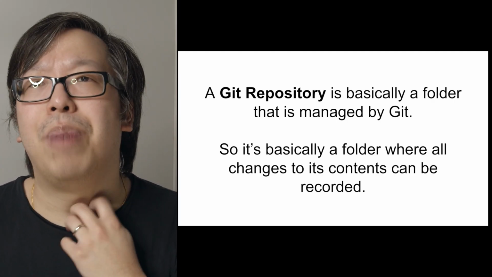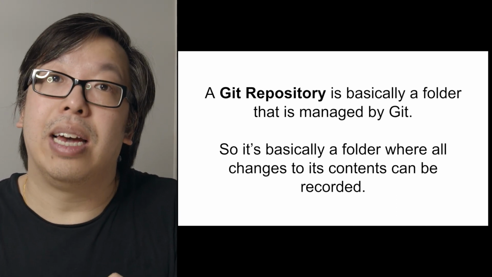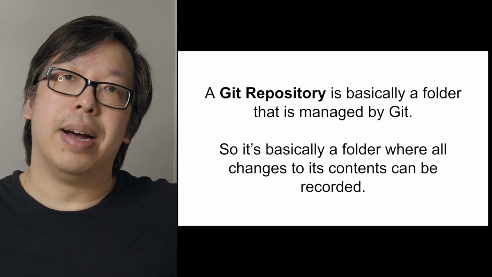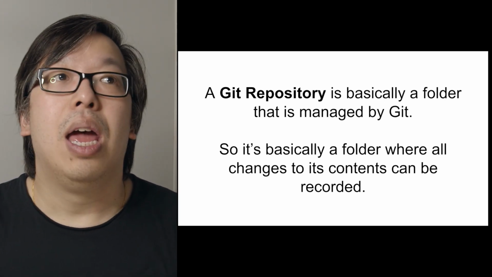What is a Git repository? Okay, you'll hear this word Git repository a lot. It's really a fancy word for basically a folder that Git is managing, okay? So you have a bunch of folders on your computer, right? You have this new folder that we just created called My First Website, right?